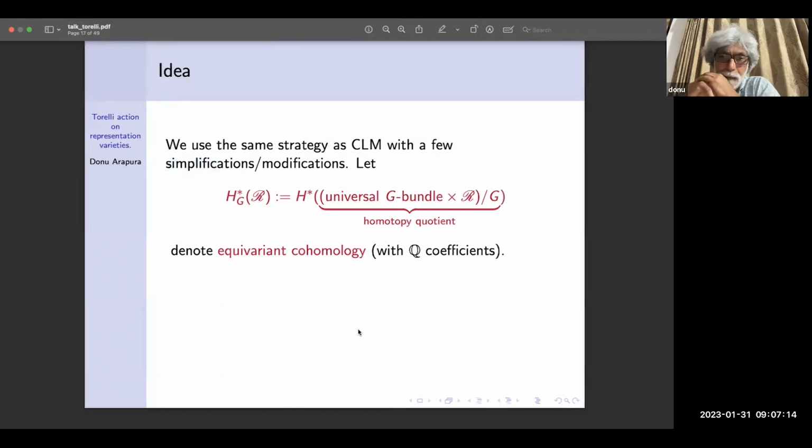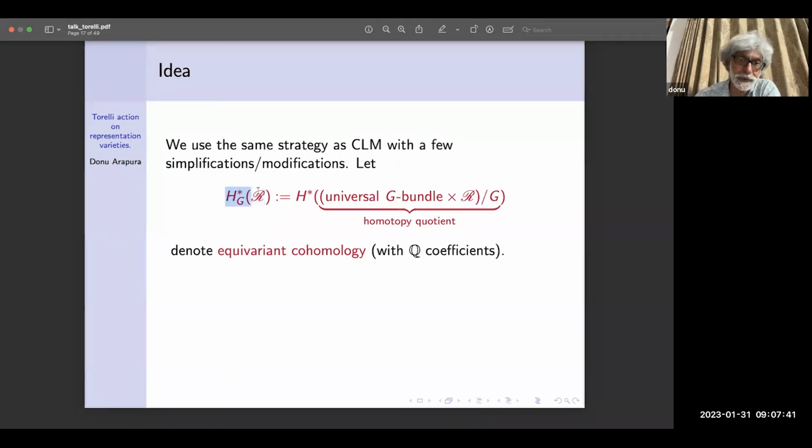So maybe I should have reminded you, but I don't want to jump back on the slide. R was the representation variety. This was the set, which is a real algebraic variety, of homomorphisms of pi, the fundamental group of the genus g surface, into G, and G acts on that.